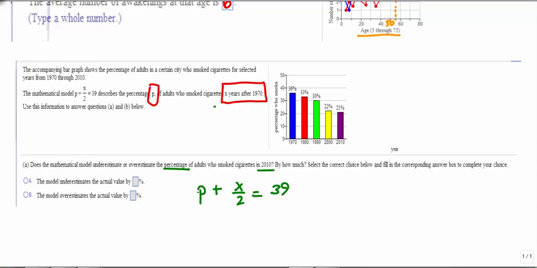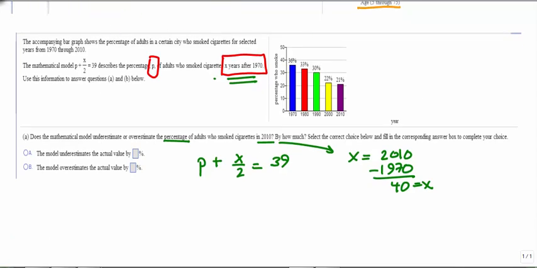P is my unknown, but x I can figure out. x is the number of years after 1970, so I take 2010 minus 1970, and that's 40 years, and that's what I plug into my formula to solve for P. So instead of x over 2, I have 40 over 2, because it's 40 years after 1970 in 2010.